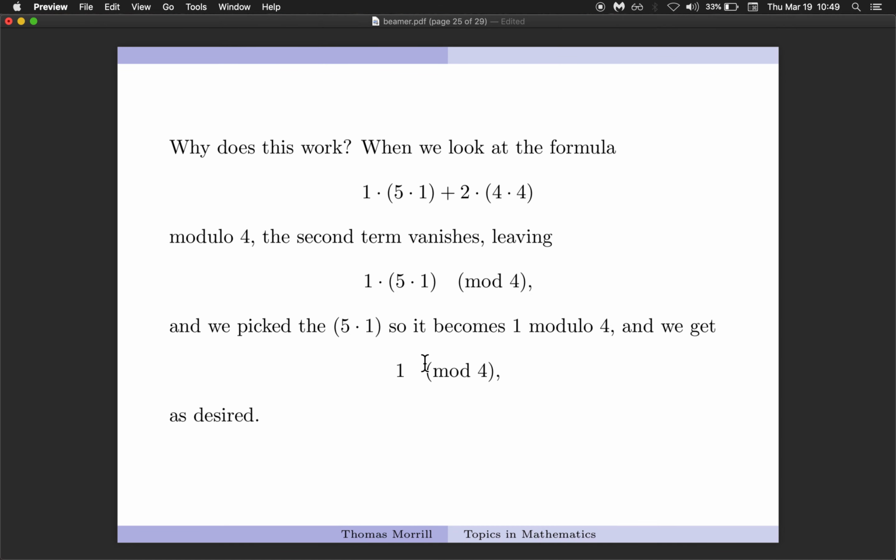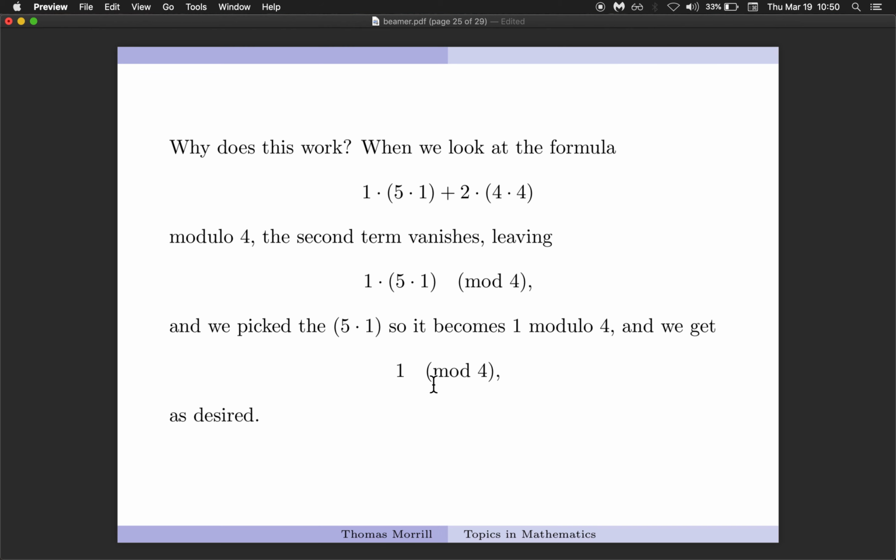The thing that makes this work is that when I look at my formula, modulo 4, this bit drops out because 4 is 0 mod 4. And what I'm left with is the residue I want times 5 times the inverse of 5. The stuff in parentheses becomes 1 modulo 4, and I'm left with the residue 1 that I wanted to get.